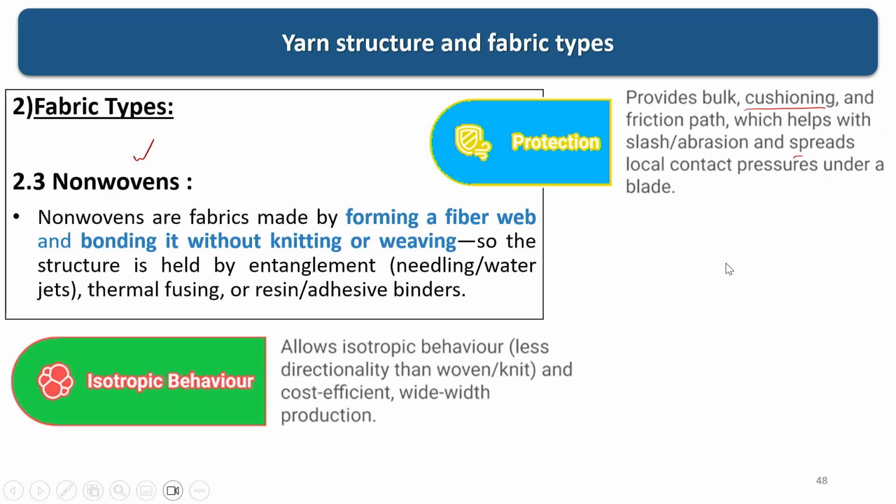The next function is that it has isotropic behavior, which is very important. In case of woven fabric, as there are only warp and weft directions, the actual behavior is directional. But in case of non-woven fabric, it allows isotropic behavior. So, for all the directions its performance will be the same, which is absent in woven or knitted fabric.